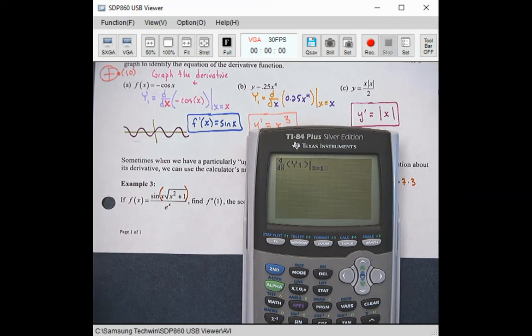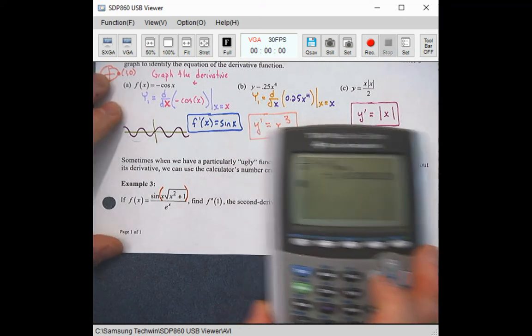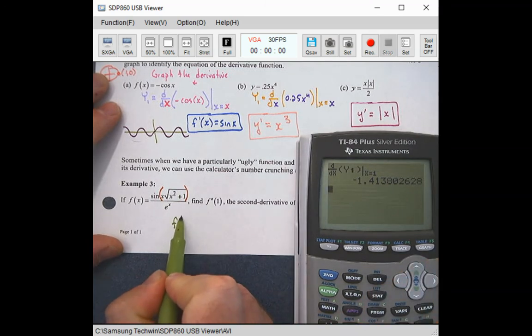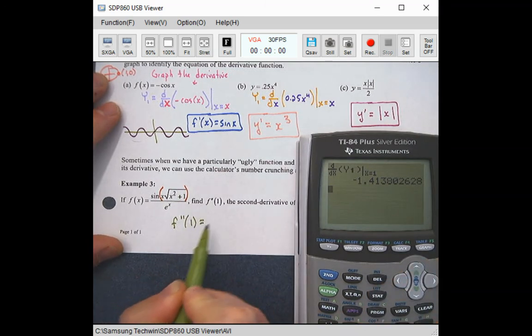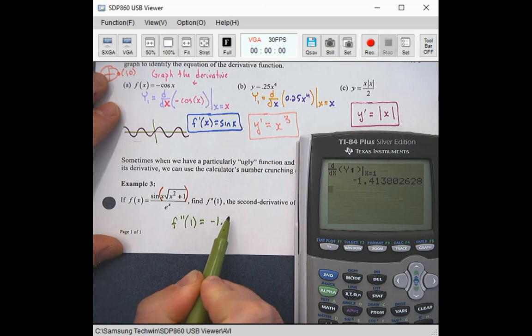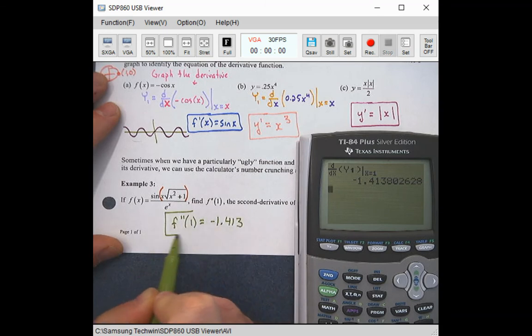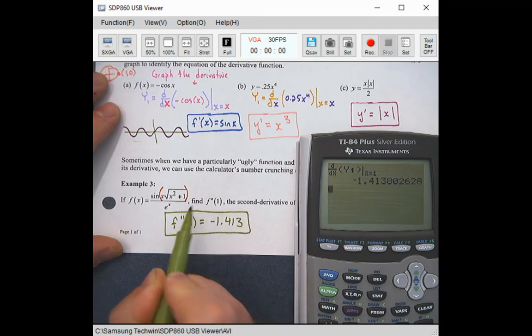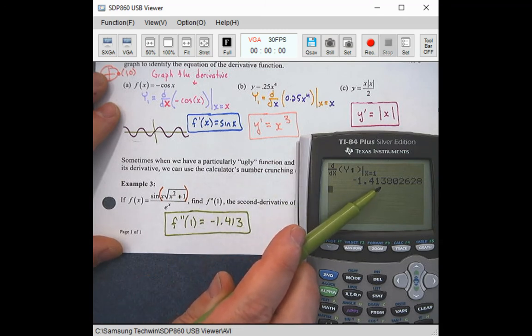I'm trying to evaluate the second derivative at 1. So I can type this in, and I can figure out that f double prime of 1 equals negative 1.413.